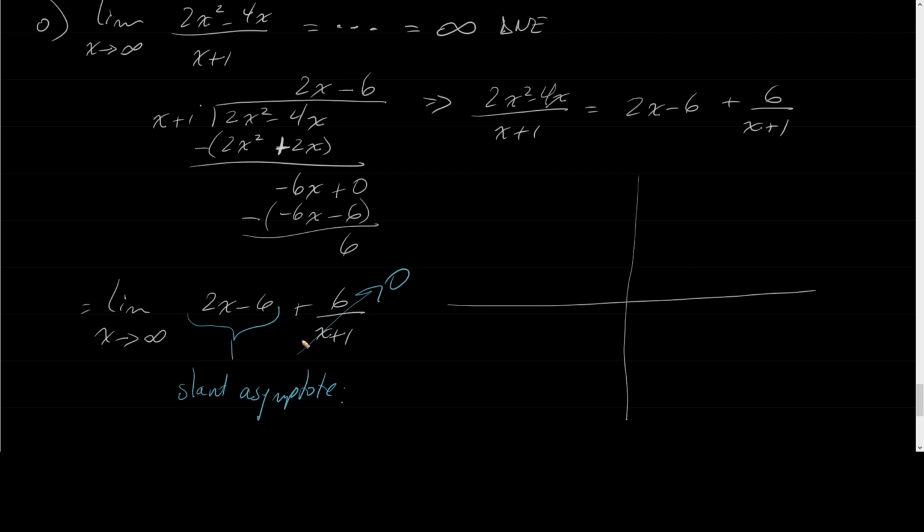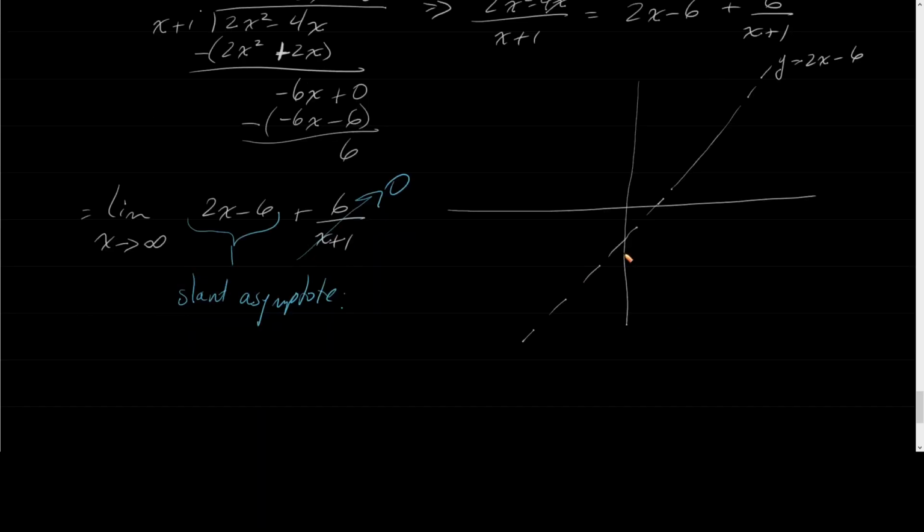We've got a slant asymptote of 2x minus 6, which is something like this, right? y equals 2x minus 6. We've got a vertical asymptote at x equals negative 1, that's at negative 1. And the function looks like this.